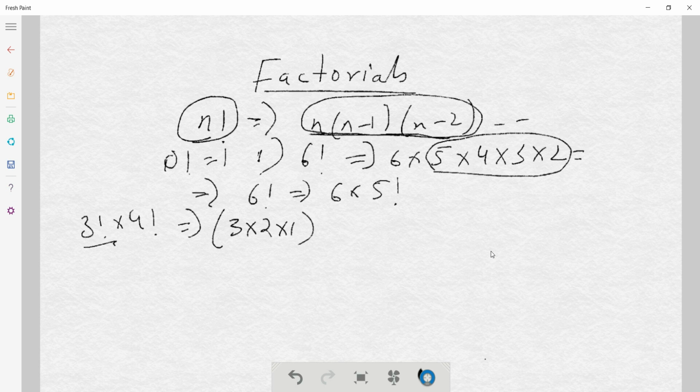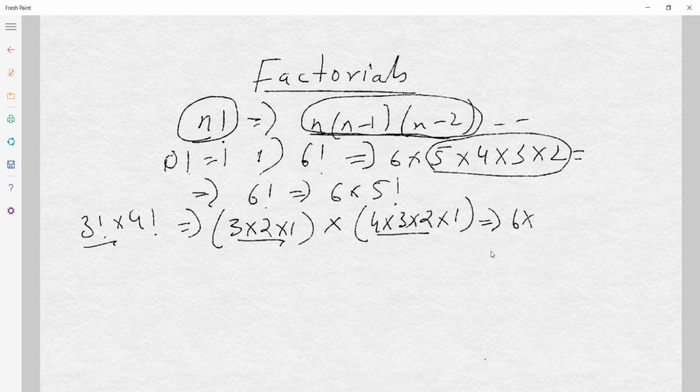Then we work out the 4 factorial: 4 times 3 times 2 times 1. This equals 6 times 24, because it's 6, and this is 12, 24, so this will equal 144.